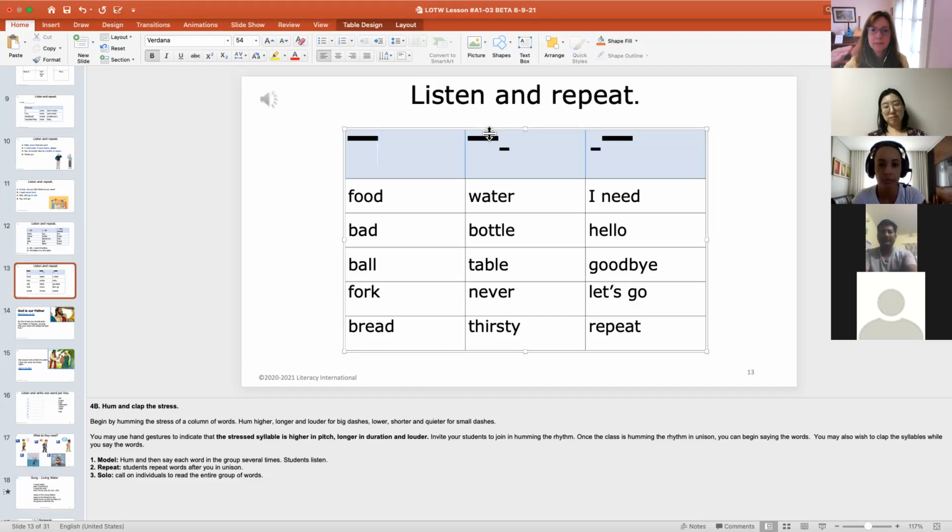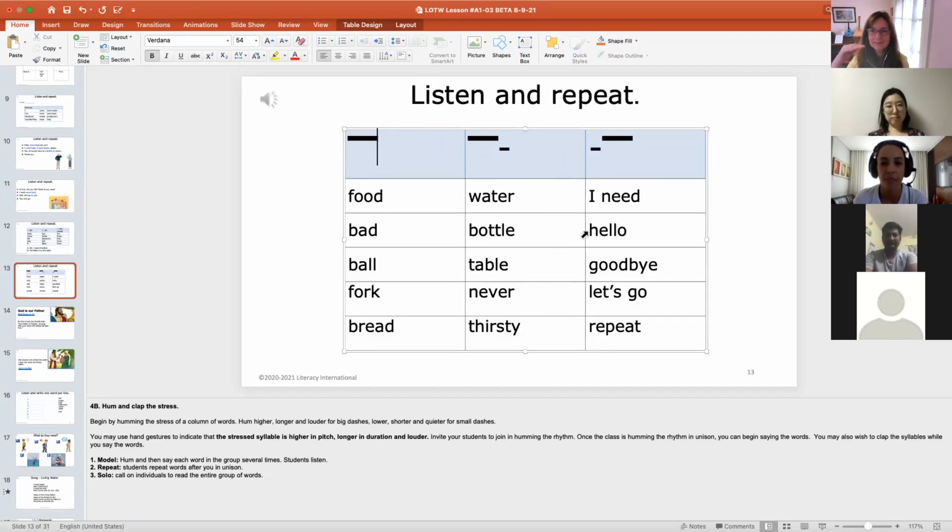So Prakash, can you go ahead with column number 2, the 2 syllables, and say the humming, and then say the words in the column.